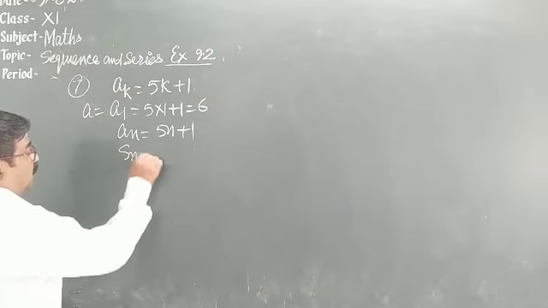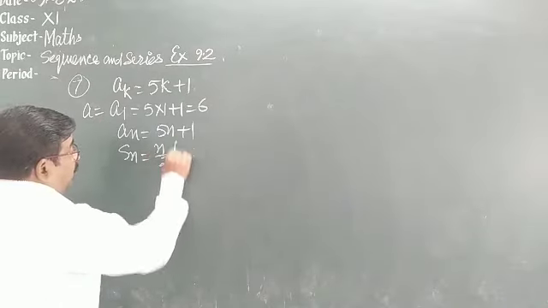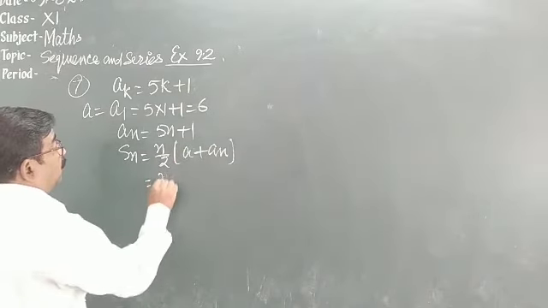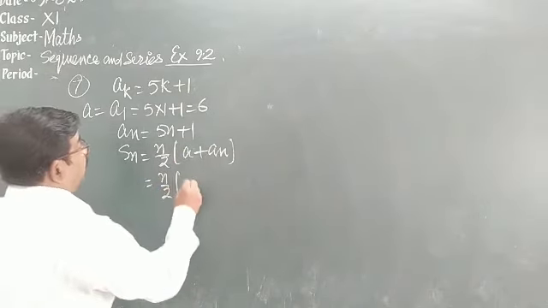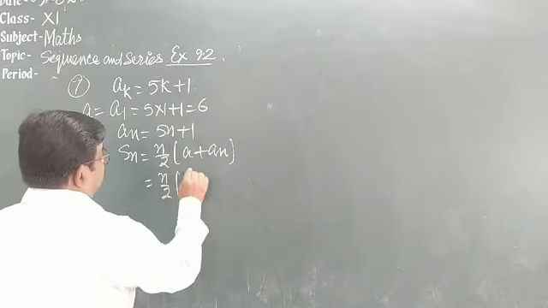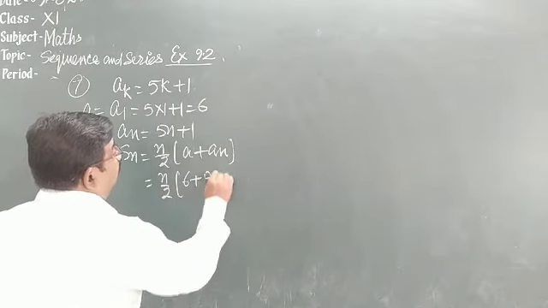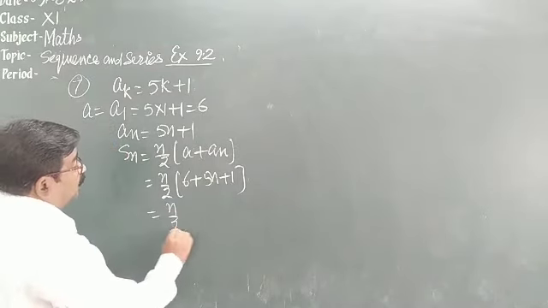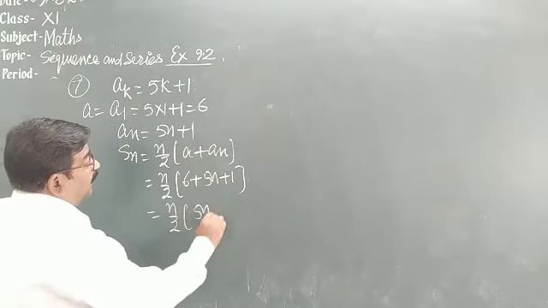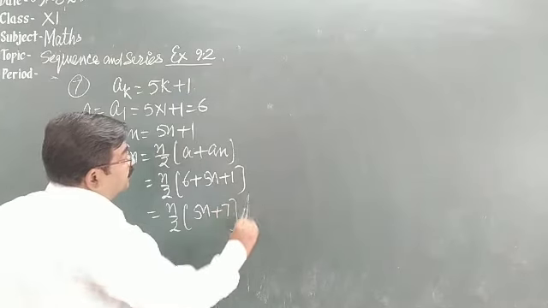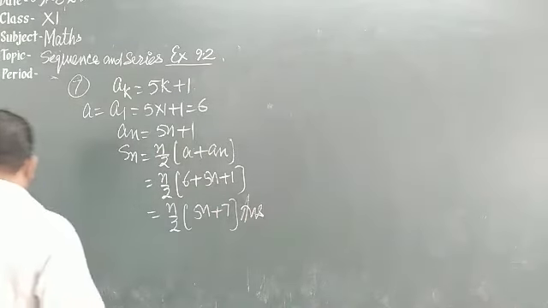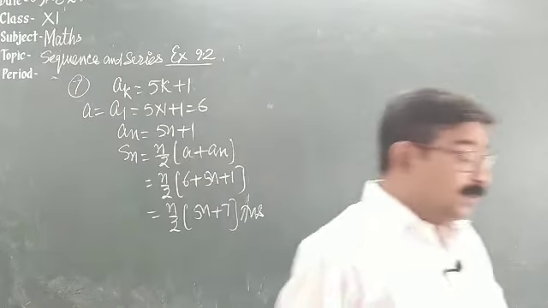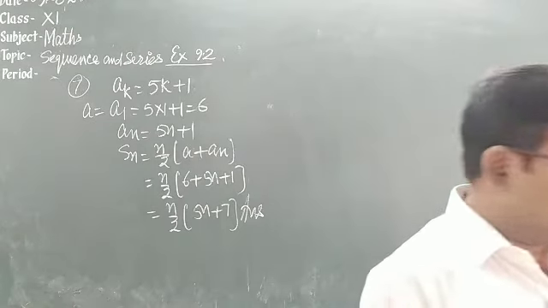Sn is equal to n by 2 into (a plus an), that is n by 2 into (6 plus 5n plus 1). So your final answer is n by 2 into (5n plus 7). Very simple one, so you can note down the solution by pausing the video.